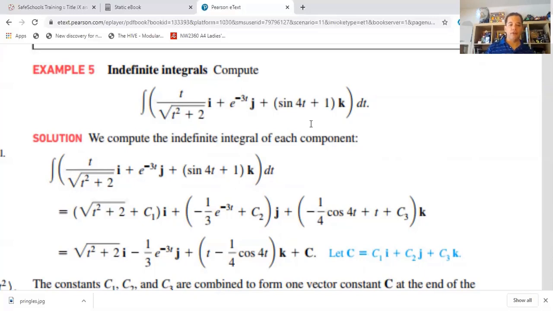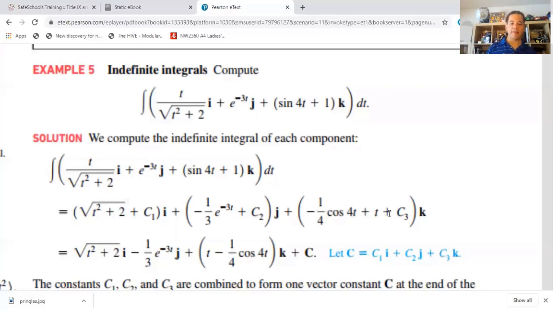How do you do it? Well, you integrate each one of the pieces. The first one, by doing a u substitution of the bottom, you realize that the integral is the square root of t squared plus 2. For e to the negative 3t, the integral is e to the negative 3t times negative 1/3. And sine of 4t plus 1 is negative 1/4 cosine of 4t plus t.